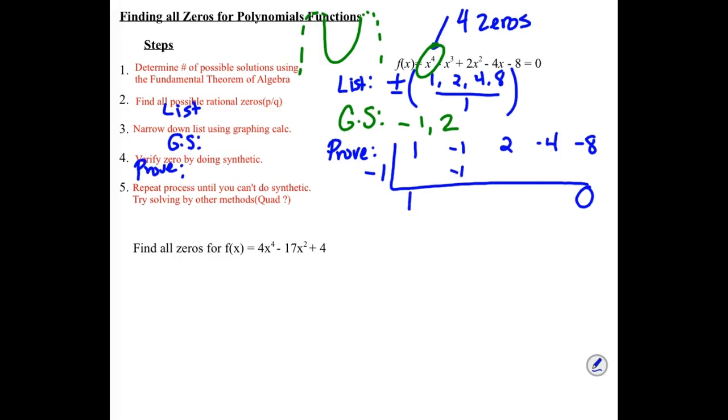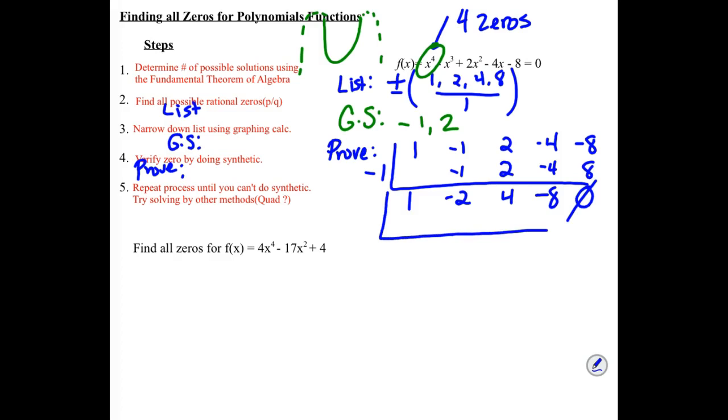All right, go through our synthetic process. Does it work? Okay. Now, we are going to stack this synthetic division. So instead of going back to the whole first row of numbers again, I can drop off that remainder and just keep going with this smaller cubic polynomial.